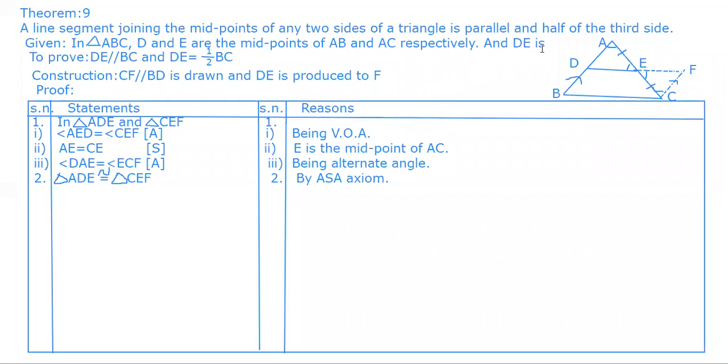Now, after proving them, we can write: look here, the side opposite one angle is AD, and the side opposite the corresponding angle is CF.